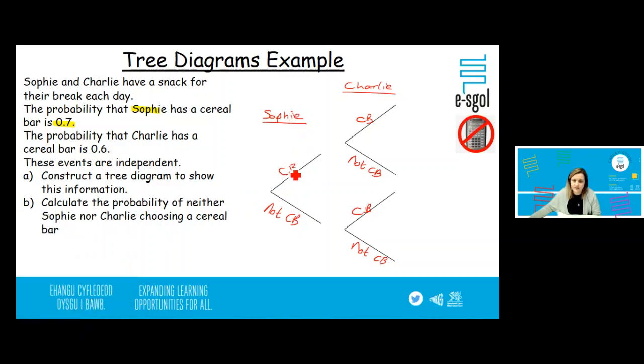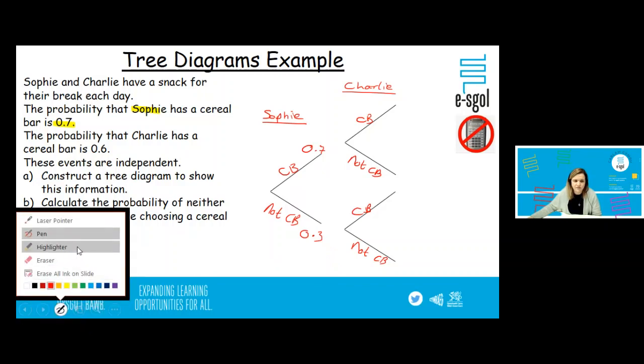So I need Sophie, I need cereal bar, and I need 0.7 on that section. Now each section is going to add up to 1. Remember, our probabilities will always add up to 1. So even though we're not told in the question a specific number, we can now write a number on this not cereal bar for Sophie as well. Because 0.7 and something will add up to 1, that missing value there is 0.3.